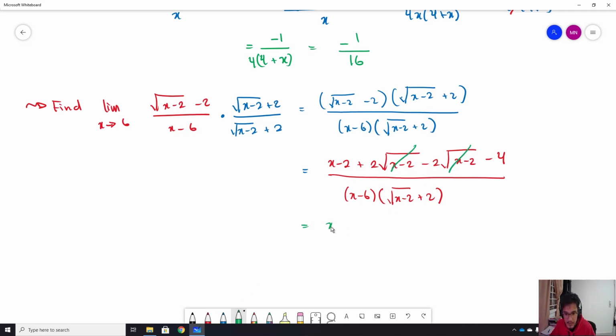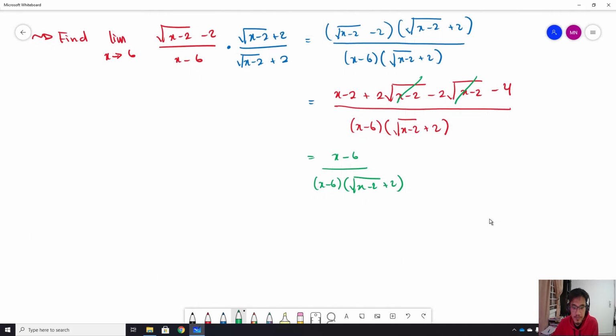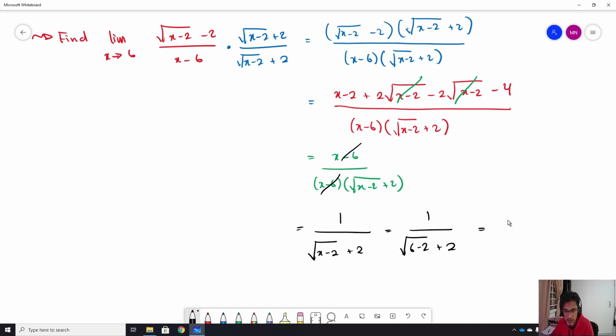So then we are left with x minus 6 over x minus 6 square root of x minus 2 plus 2. So this also can be removed. So then we are left with 1 over square root of x minus 2 plus 2, then literally equal to 1 over square root of 6 minus 2 plus 2, then we have 1 over 2 plus 2 equal to 1 over 4. So that is our answer for that limit.